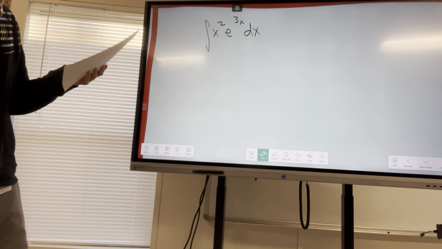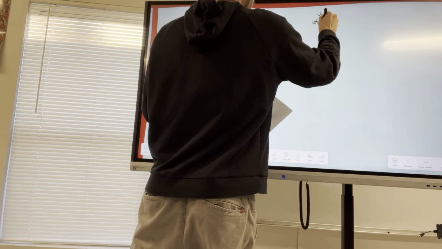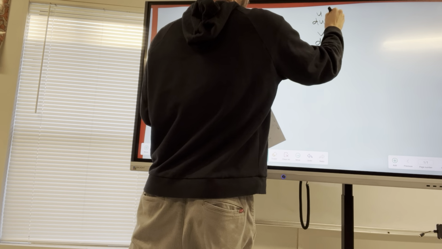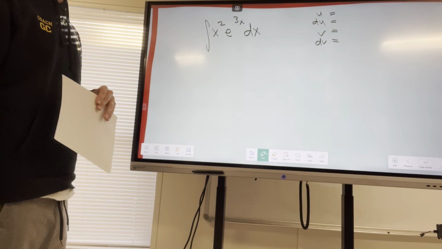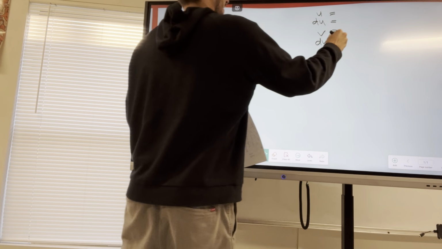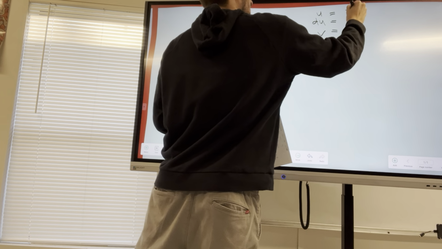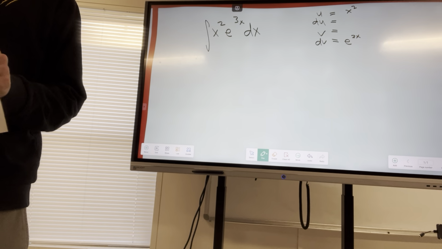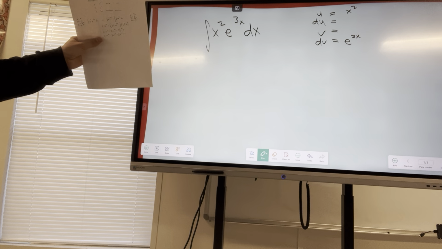And as I'm kind of scheming and I'm thinking my u, du, v, and dv, my dv's like to be e's and sines and cosines, so I'm gonna put my e to the 3x as my dv. That means my x squared has to be my u. Last time we did this question, du was 1, and it basically just evaporated away, and it was excellent.